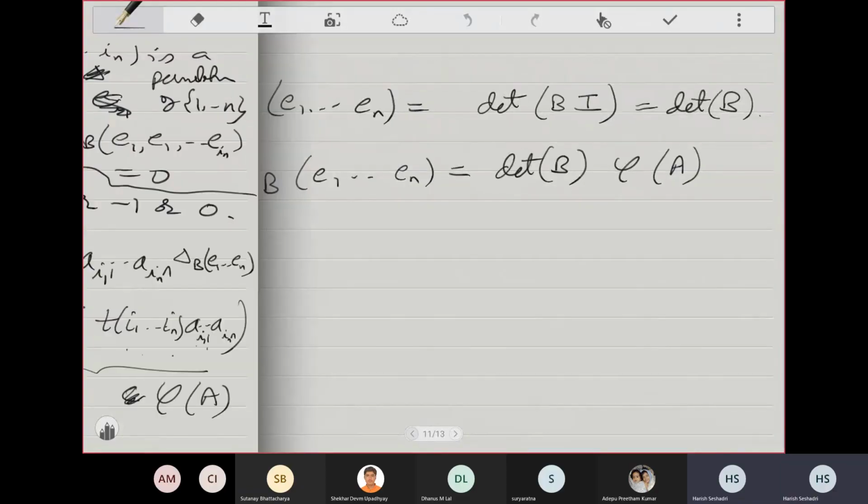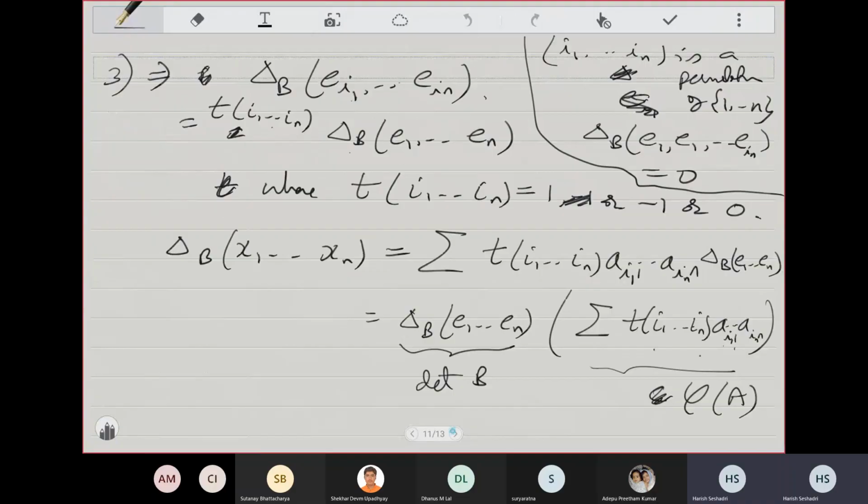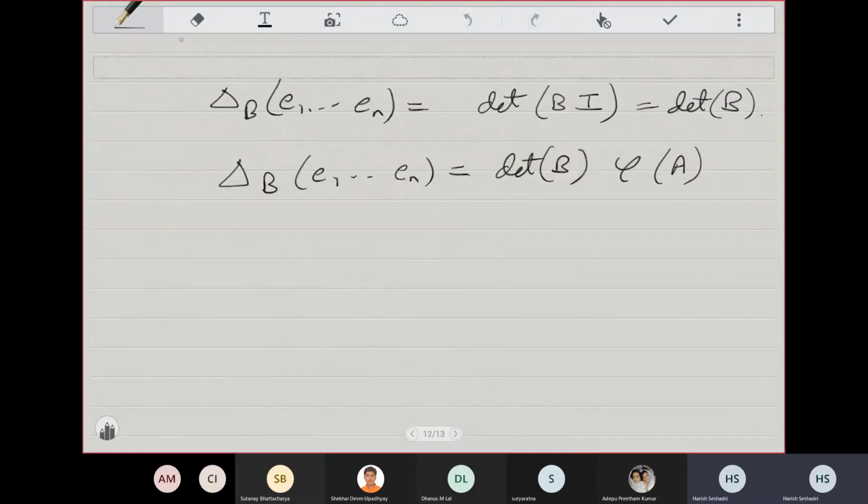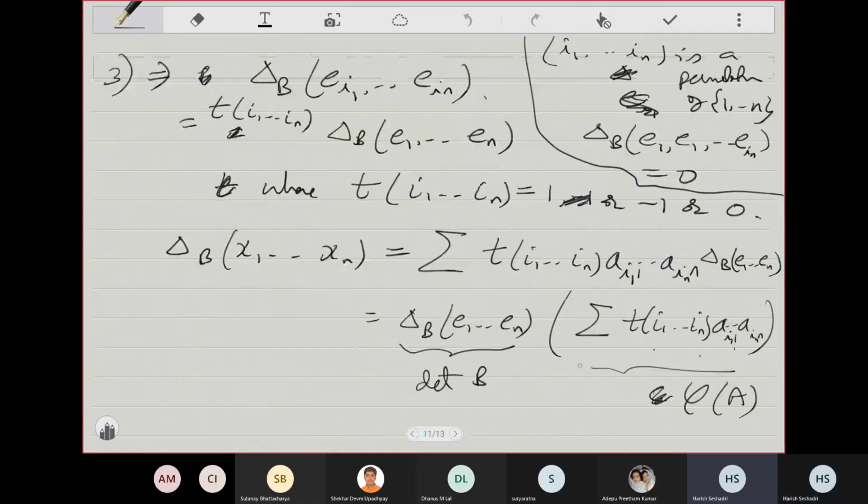Oh, actually, hold on. Sorry, this is not it. Delta B x1 up to xn equals determinant of B times phi of A. We had fixed B in the beginning, but this holds for any B, for all B and A. To say it holds for all B, it's important to make this observation that whatever stuff you got here actually doesn't depend on B at all.